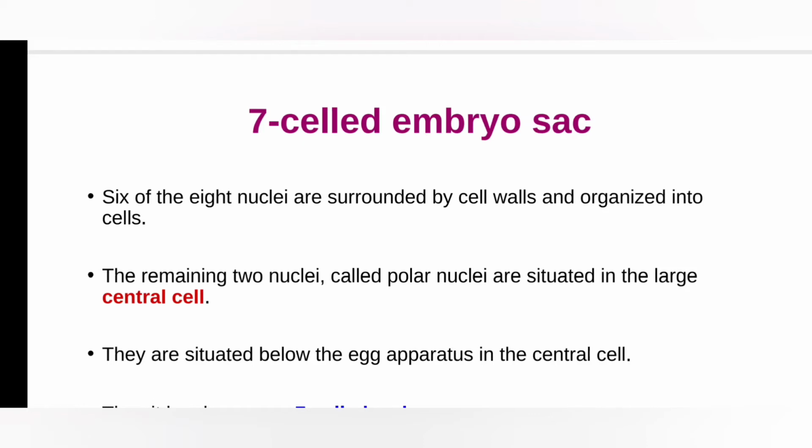Now, out of the 8 nuclei, 6 are surrounded by cell walls and organized into cells. The remaining 2 nuclei, called polar nuclei, are situated in the large central cell. They are situated below the egg apparatus in the central cell.